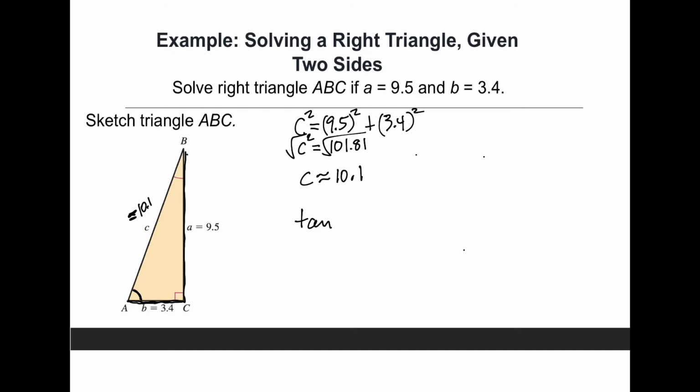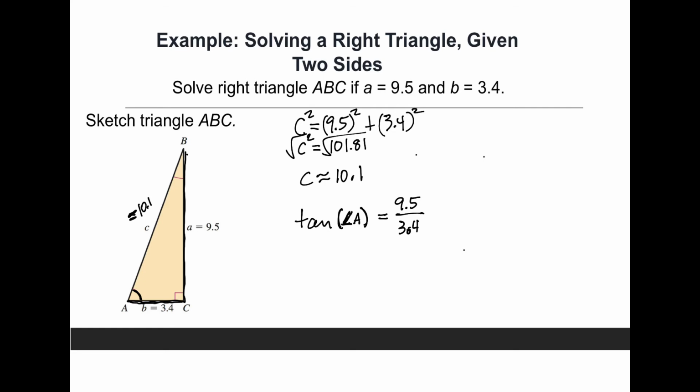Actually, instead of theta, let's put the tangent of angle A, with the little angle symbol next to A there. And I know that that is the ratio of the opposite over adjacent, so 9.5 over 3.4.